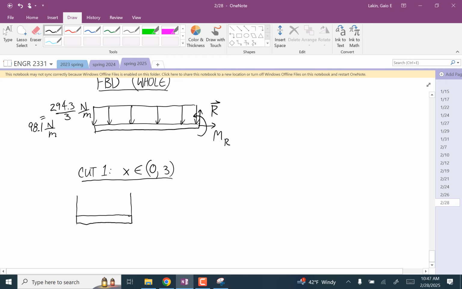We have this distributed load of 98.1 newtons per meter. And we have the internal loads. In this case, we don't have any torques about the x-axis, so you can just leave it off. Or you can put it in there and you'd calculate that it's 0.